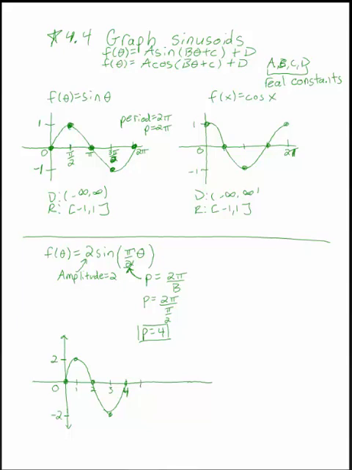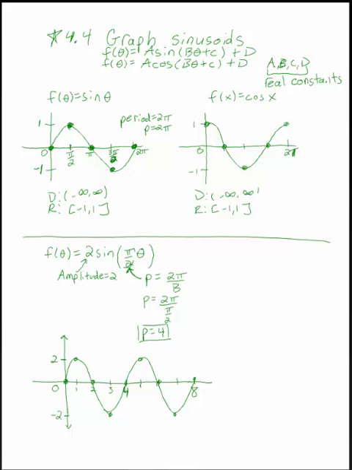So if I went out to 8, I could draw in another cycle. So I can draw as many cycles as I want, but I put all of the effort into drawing the first cycle, and I want to get that super neat and labeled and very organized there.